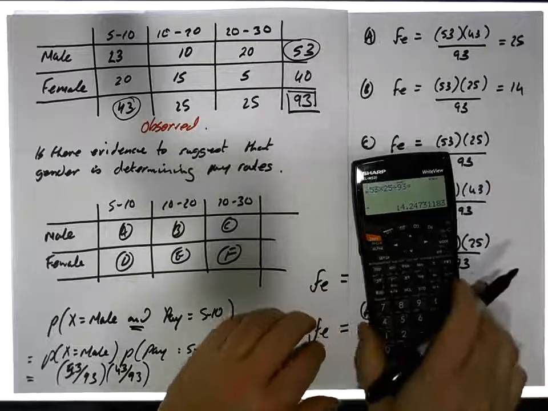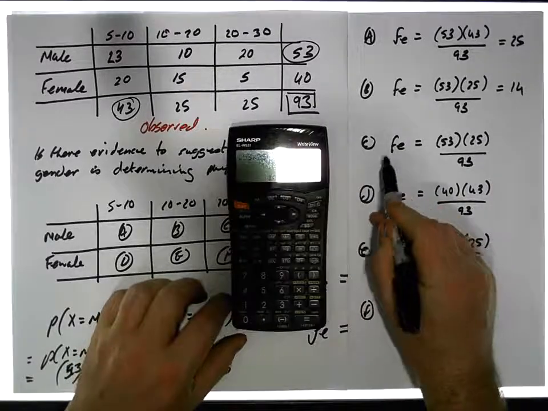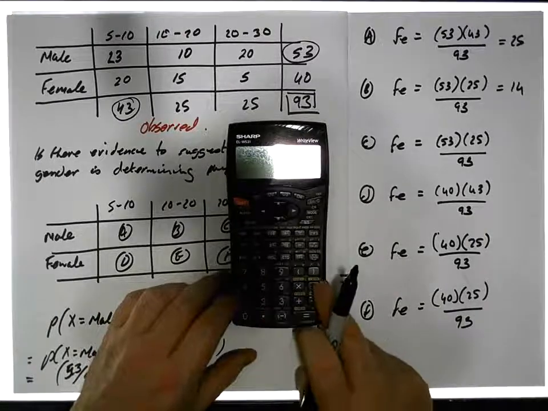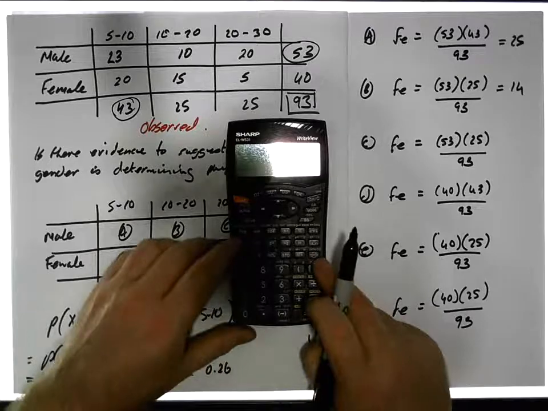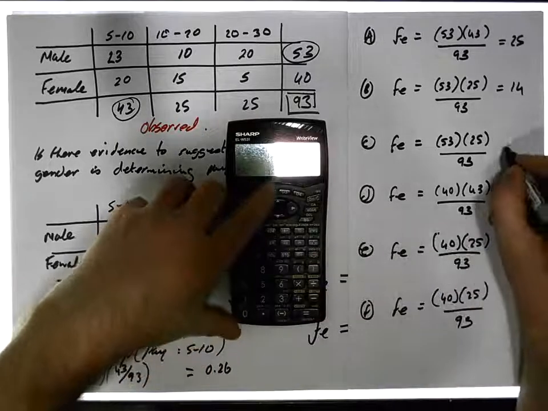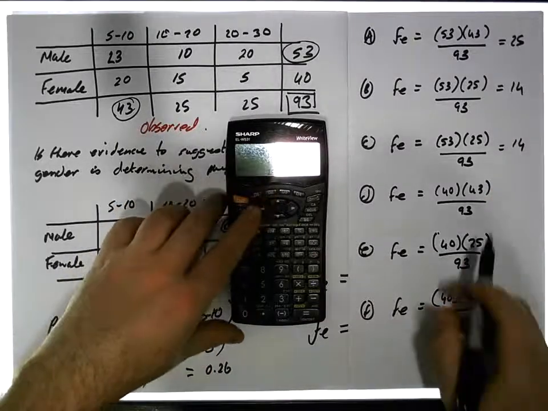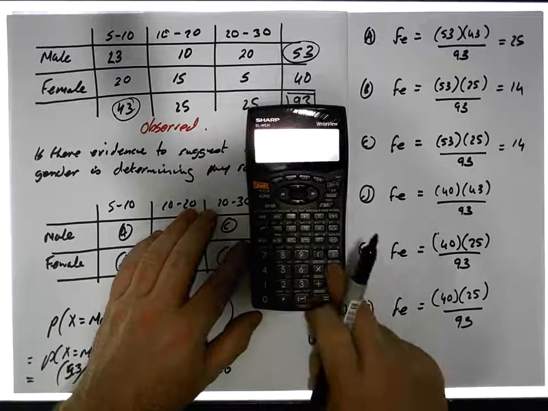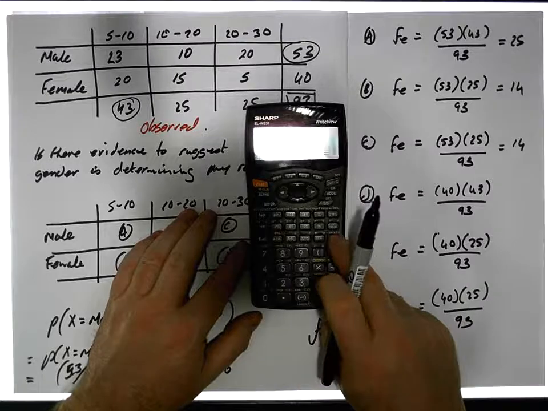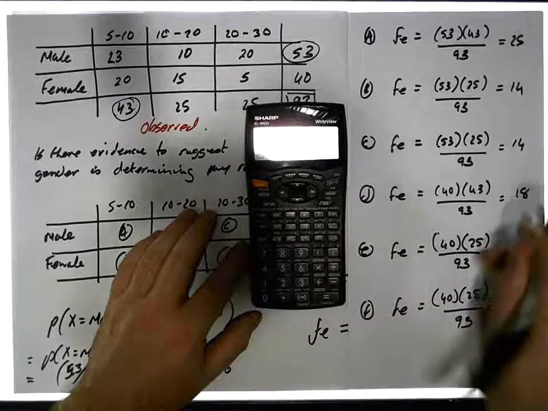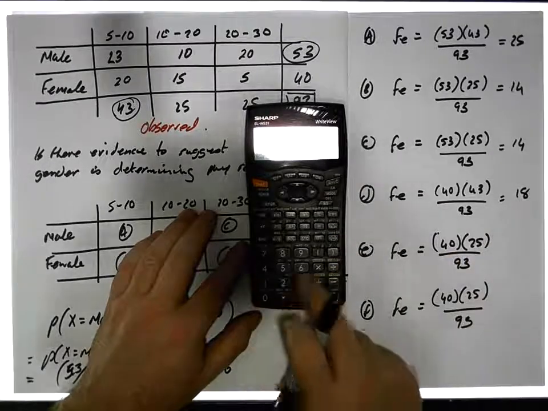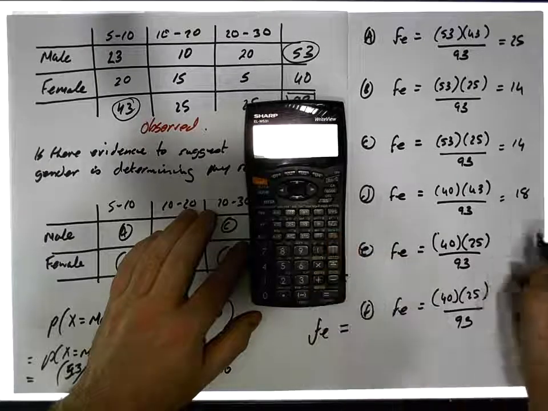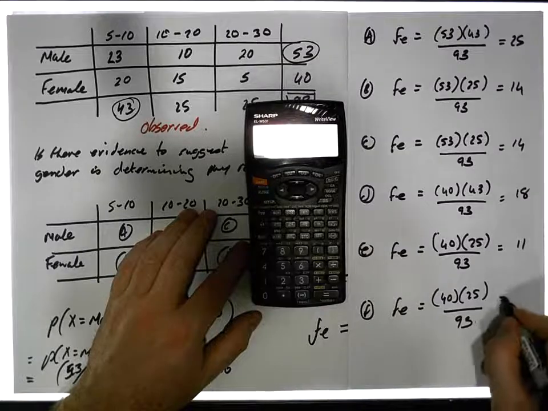For cell C, it's 53 times 25 divided by 93, which also gives 14. 40 times 43 divided by 93 gives us about 18. And these two are the same: 40 times 25 divided by 93 gives us about 11, and this is about 11.